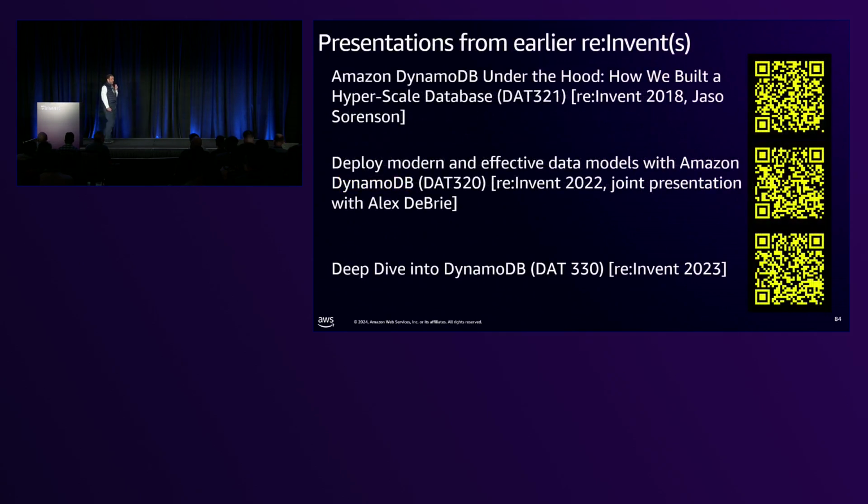So we do these presentations, like I said, every year to share with you some of our learnings and hopefully help you build applications which can leverage the same predictable low latency guarantees which we provide. These are some presentations from past years. The first one is one which I watched before I joined AWS, and these are presentations which I've done, this one with Alex and this one last year.